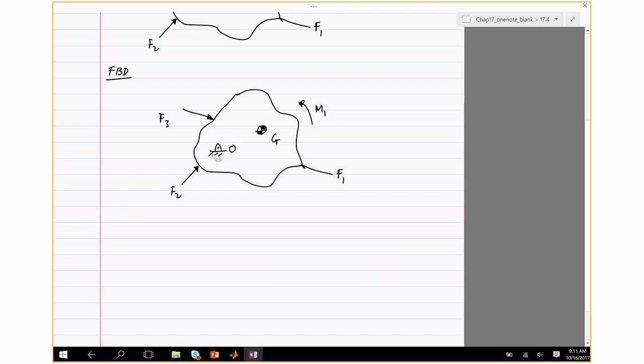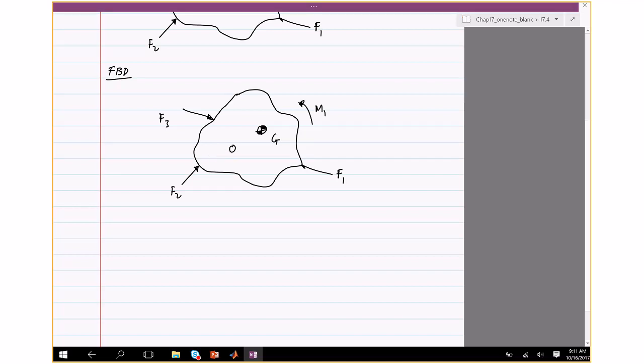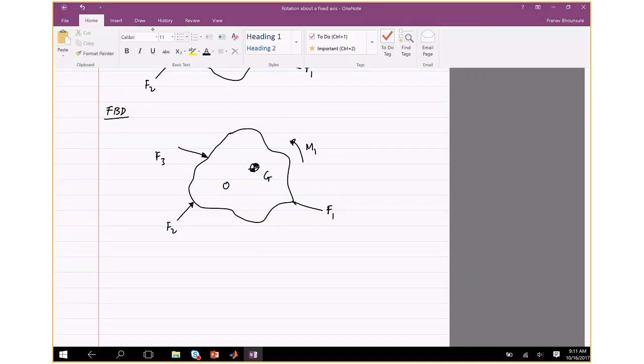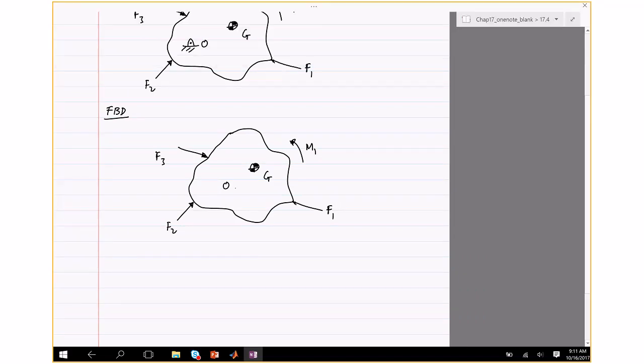So let me get rid of this, and draw forces at the point O. Before I do that, let me choose the coordinate frame, which is going to be the normal and tangential coordinate frame. So this is the normal, this is the tangent, this is T, this is N.